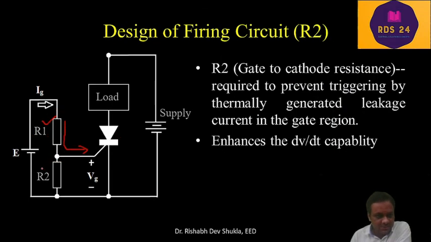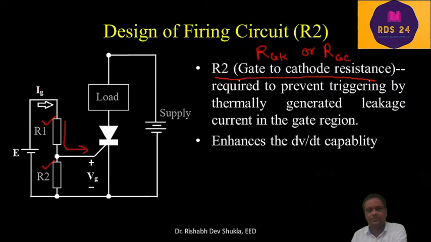Now coming to the R2 point, this is known as the gate to cathode resistance. It is also known as RGK, or it is also called RGC.